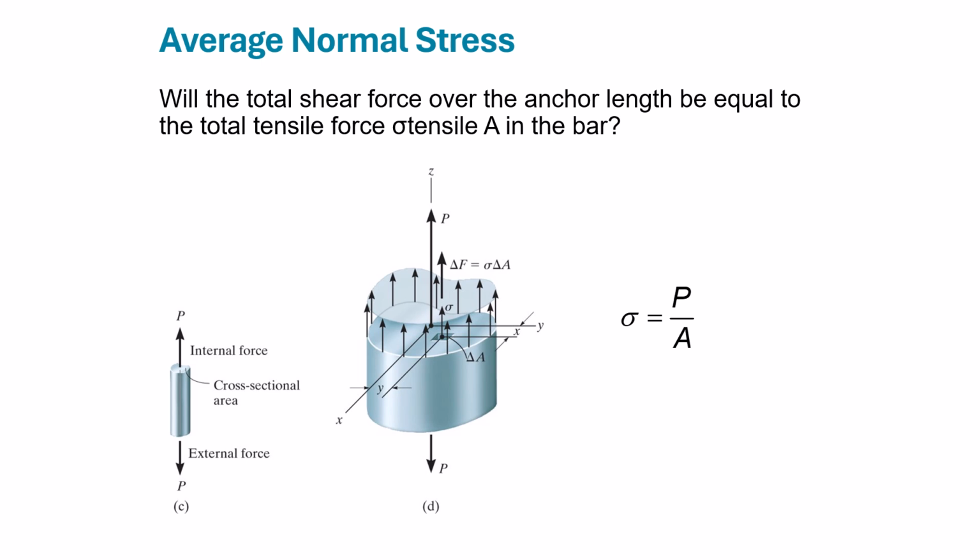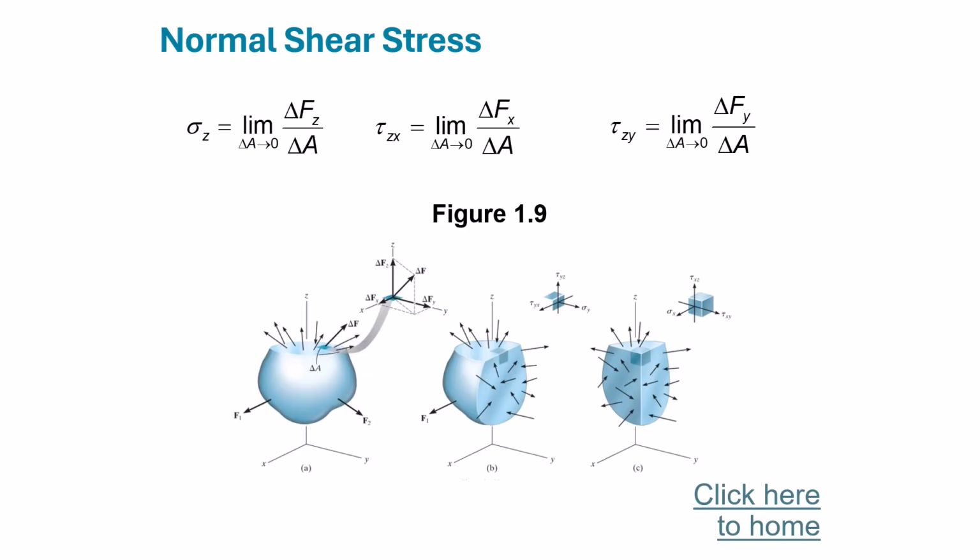So we have internal force, we have a cross-sectional area, and we have external force where sigma is equal to P over A. Normal and shear stress: if we have a coordinate system with X, Y, and Z, then we will have shear stress tau zx is the limit when area tends to 0 of delta Fx over delta A, or tau zy is the limit when area tends to 0 of delta Fy over dA.